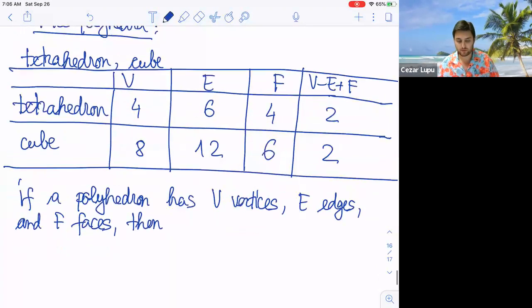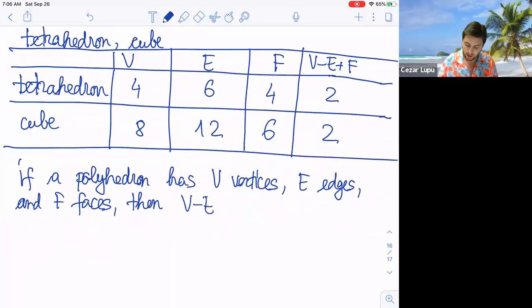The same formula holds true: V minus E plus F will be 2. As you have seen in these two examples, and like I said, even more generally, if I have a planar graph that has V vertices, E edges, and divides the plane into F faces, including the outside one, then the same formula holds true.